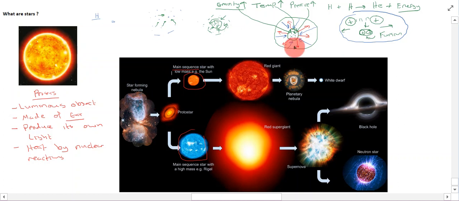This stable formation, this outward push and inward push, will continue while there's enough fuel, so while there's enough hydrogen.